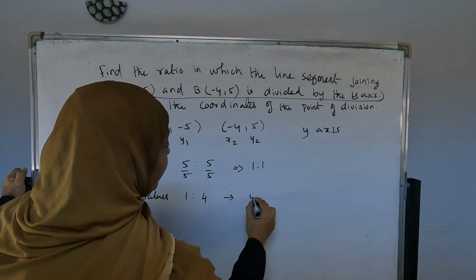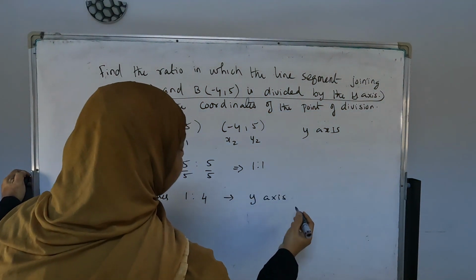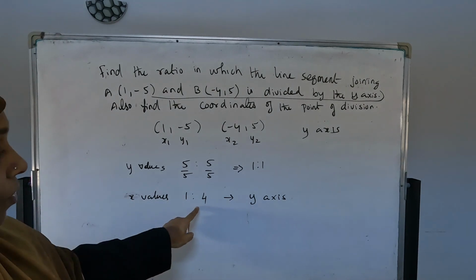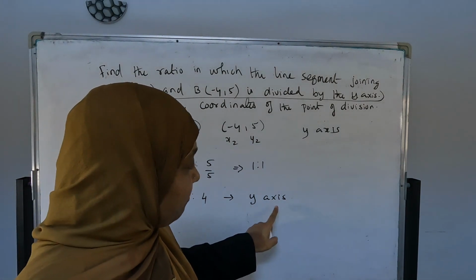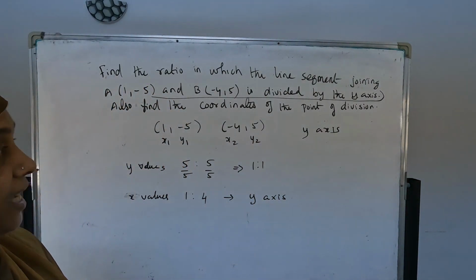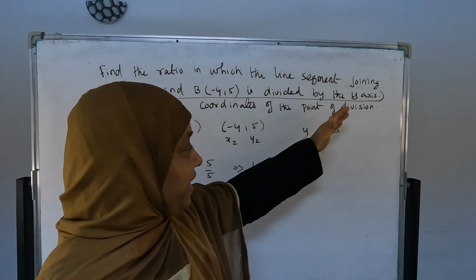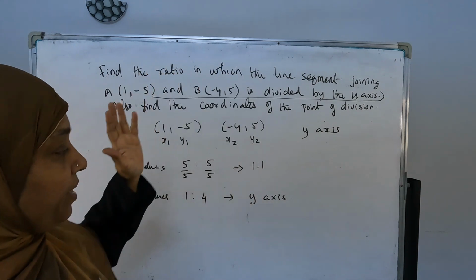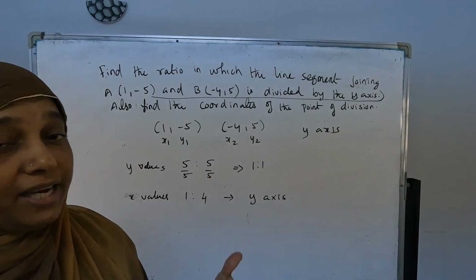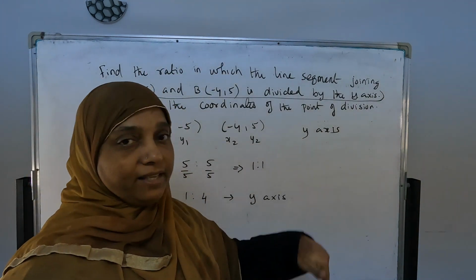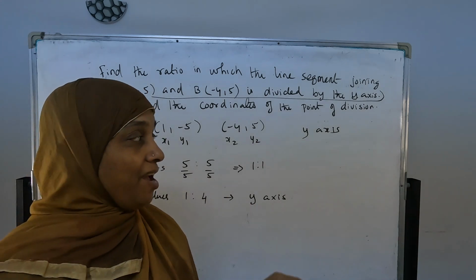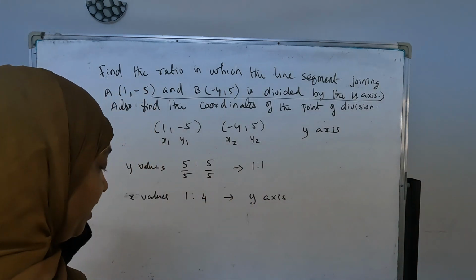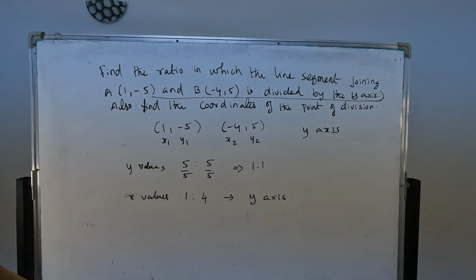If the x-axis is dividing, take the y value. If the y-axis is dividing, take the x value and do the simplification; there you will get the ratio. This is for MCQ only. For 2 marks or 3 marks, if you use this method, you will not get the marks.